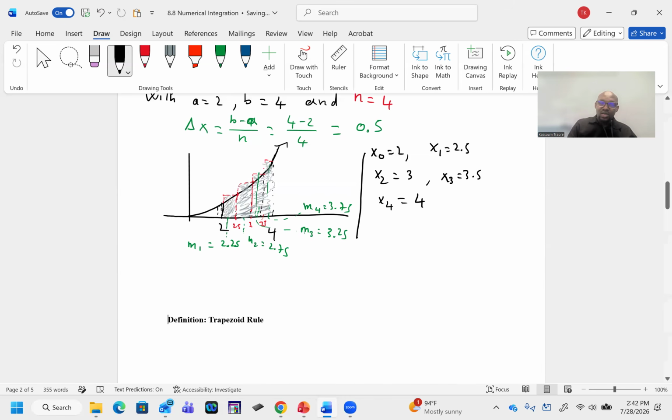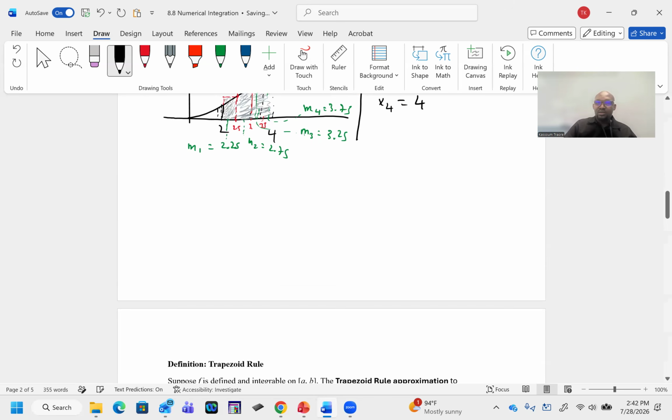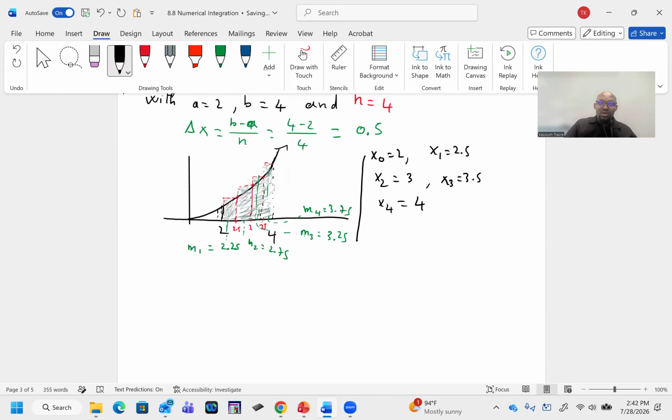Since we are talking about the midpoint, the integrand must be evaluated at the midpoint.